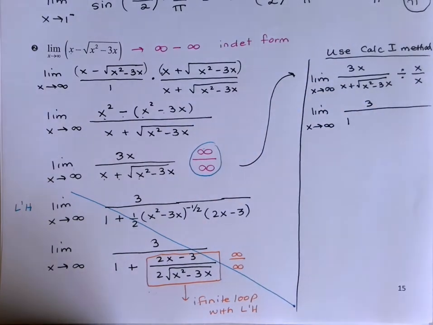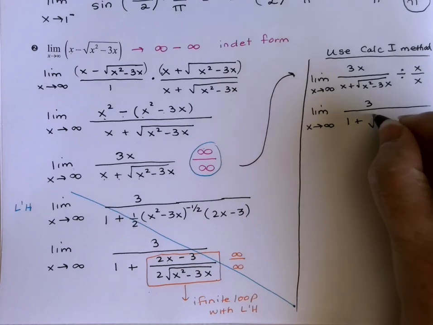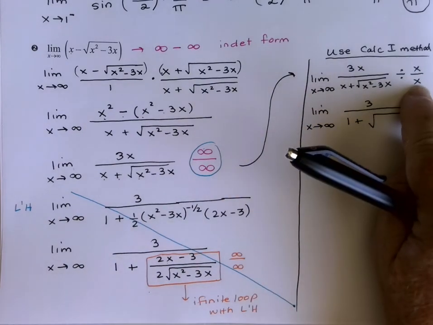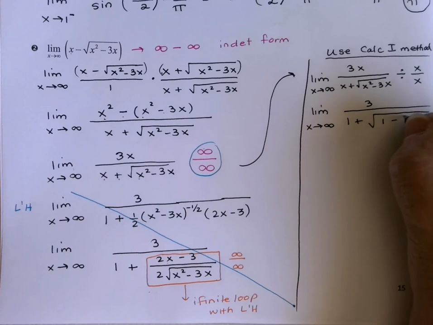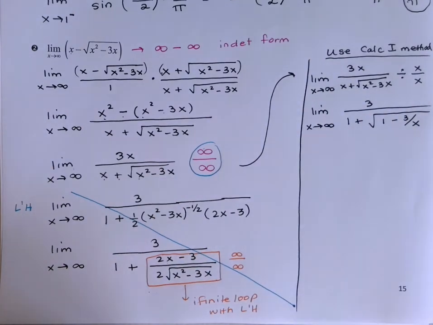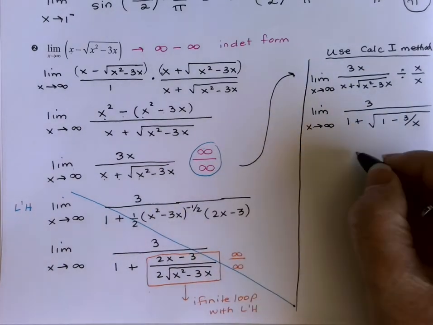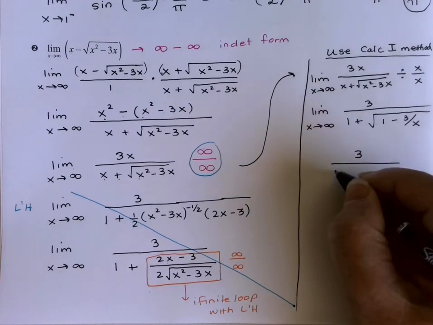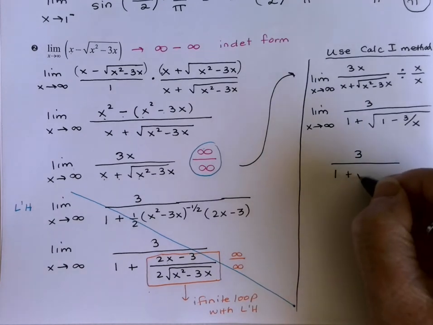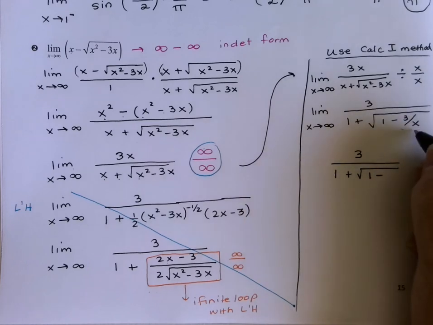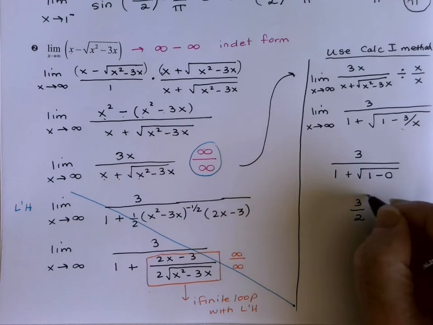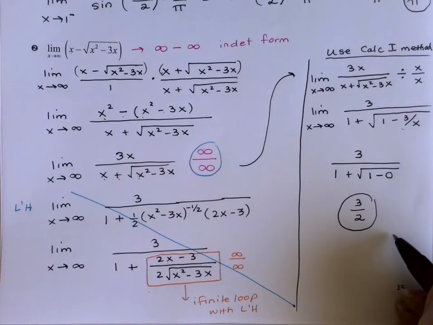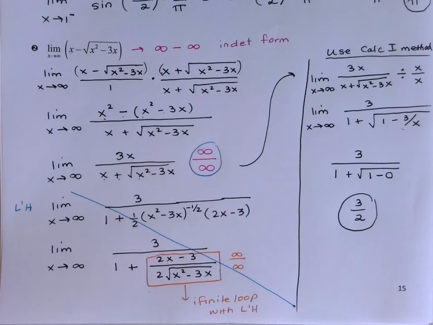The denominator is 1 plus, and then under the radical, dividing by x is the same as dividing by x squared under the radical. So that becomes 1 minus 3 over x. Now as x goes to infinity, I have 3 over 1 plus the square root of 1 minus that fraction as x goes to infinity is 0, or 3/2. Much simpler and gets me to where I need to go pretty quickly.